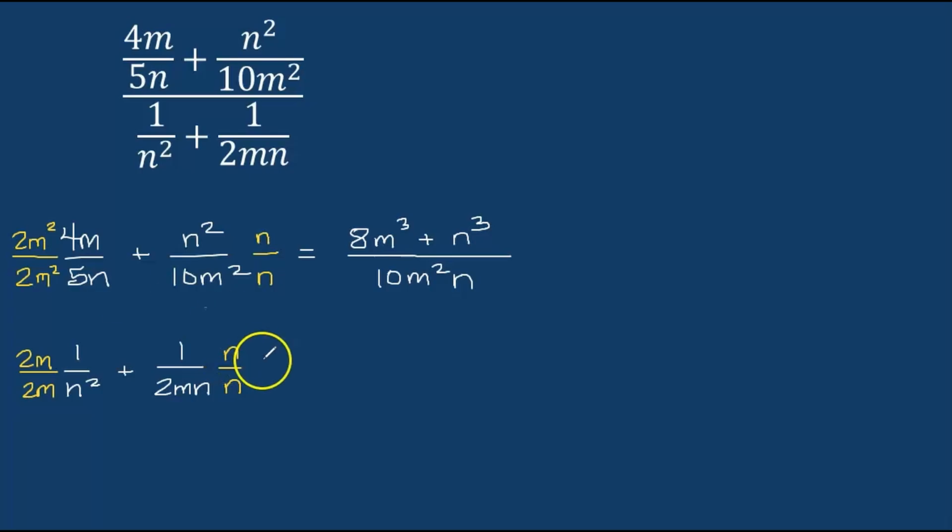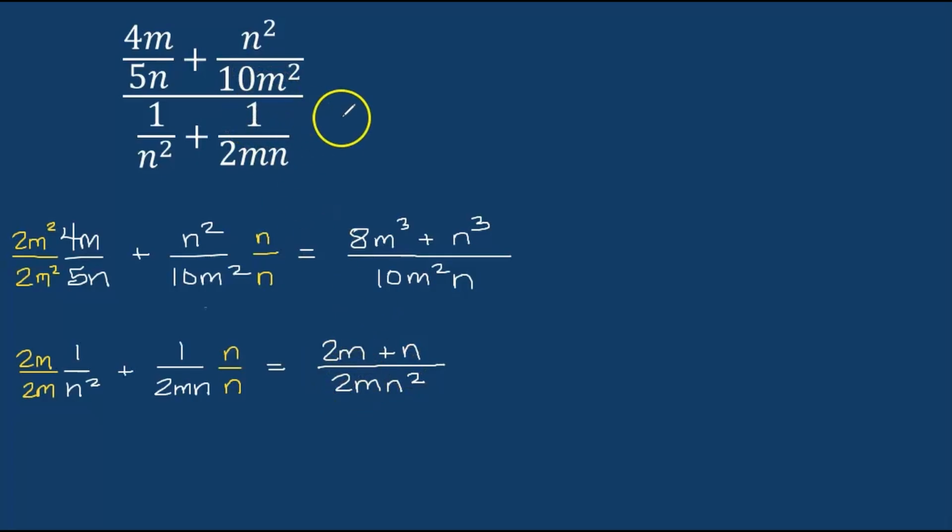So now we're going to combine these to a single common denominator of 2m n squared. 2m times 1 is 2m. 1 times n is n. And we're done.